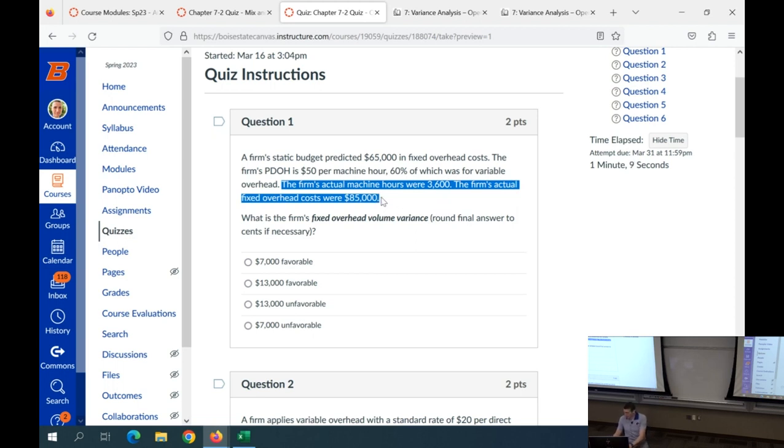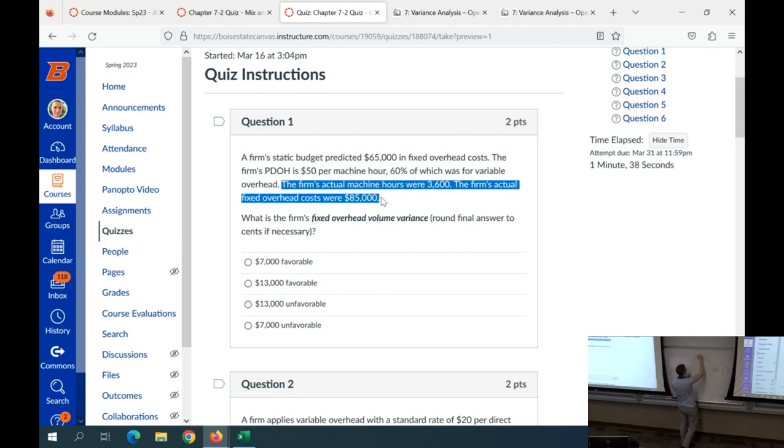All right, so what I did in this question is I gave you the actual box. I gave you the static box. And I gave you the building blocks to build up what the applied cost was. Now, if I were just asking for the spending variance, you could ignore all those building blocks because I just want to know the difference between these two.